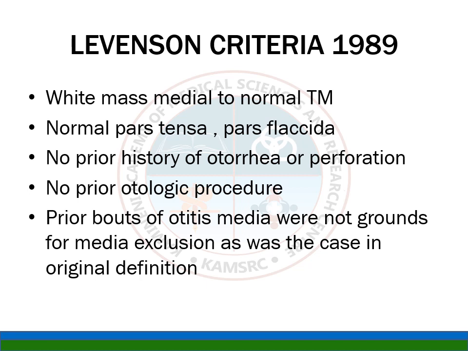And finally, prior bouts of otitis media are not grounds for exclusion, as was the case in the original definition. Means there might be some exceptions; there might be some otitis media, which we should not exclude. So these 5 points are very important for the criteria. They might be asked.